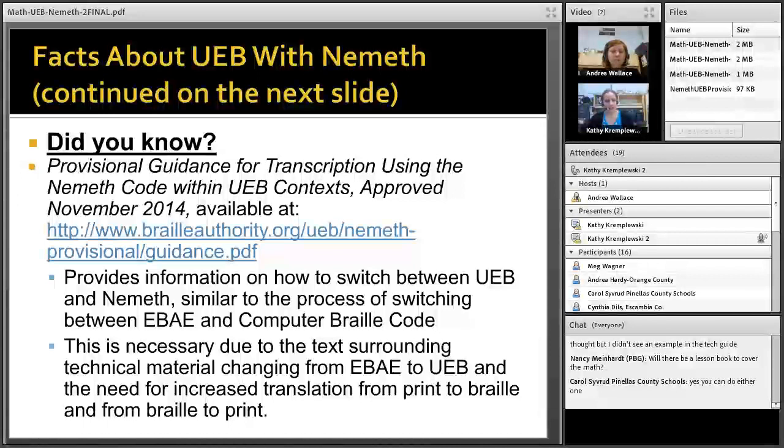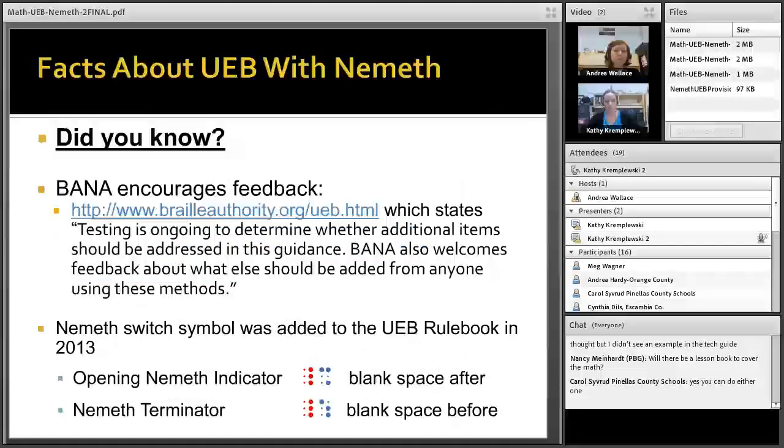On the BANA website there was some explanation that opens up when you click on it, saying it provides information on how to switch between UEB and Nemeth, and it's similar to the process we used to do when switching between EBAE and computer braille code. This is necessary due to the surrounding technical material changing from EBAE to UEB, and the need for increased translation from print to braille and from braille to print.